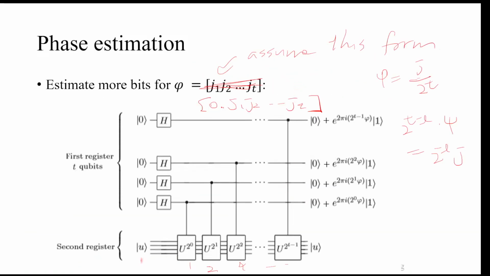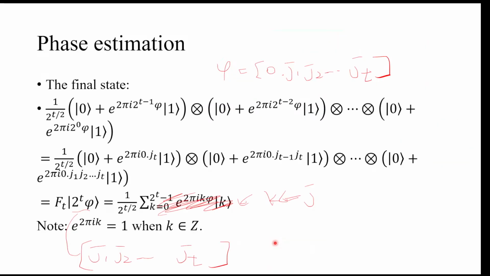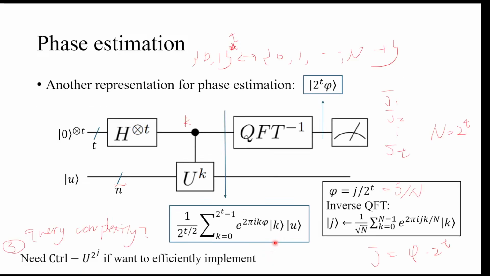Think about all those controls here: you need to control up to U to the 2 to the t minus 1, and 2 to the t minus 2, etc. So you actually have about 2 to the t oracle calls here, so our algorithm will scale exponentially with t. In terms of black box oracle complexity, phase estimation is actually pretty bad. You need a lot of black box calls to do phase estimation to good accuracy.